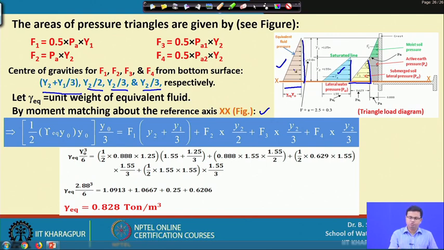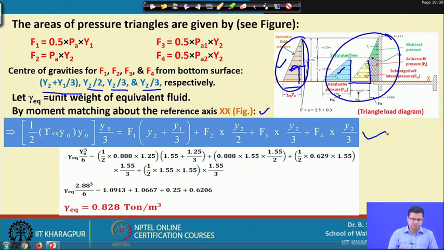So, this is your equivalent force which is acting at a distance h by 3 from this base at the center of gravity. Now, you can take the momentum of this triangle, and that should be equated to the sum of the moments of all these pressure forces or triangles. So, that you can estimate by using this equation.